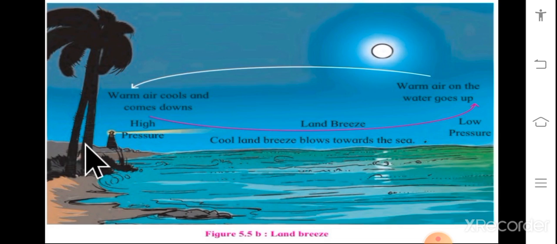So this is the cool part, so it is having higher pressure. So what happens? The land breeze blows from land toward the sea. So as we have studied, when there is heat, the air over here is getting heated and moving up. So no air over here means it is empty, low pressure, and over here cool. This area is cool.